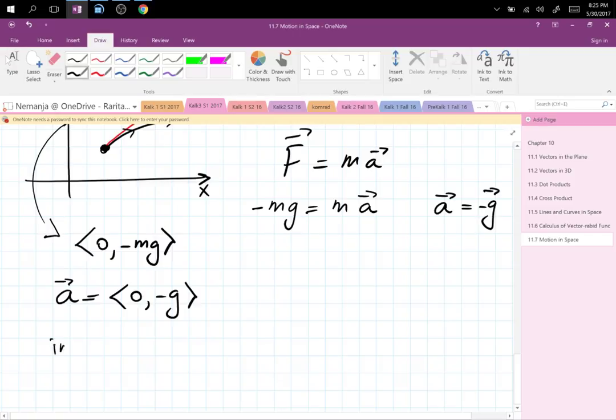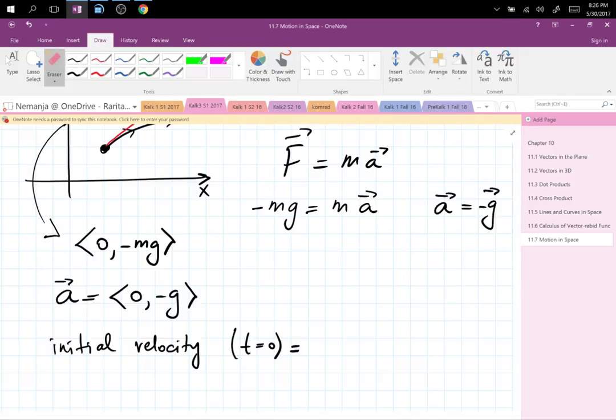Initial velocity. Initial meaning t equals 0, at the beginning of time, is going to be given as v of 0 is equal to, not sure why they're using u0 v0, but I'll follow the same notation as the textbook. Right, so those are the components, and those are numbers.